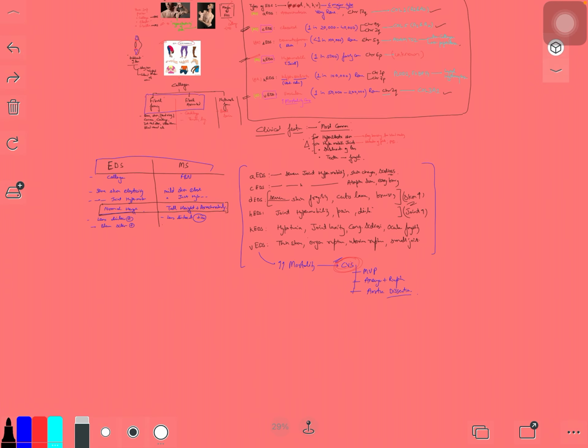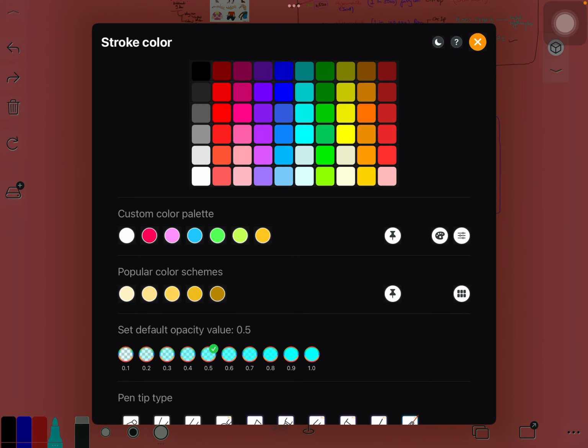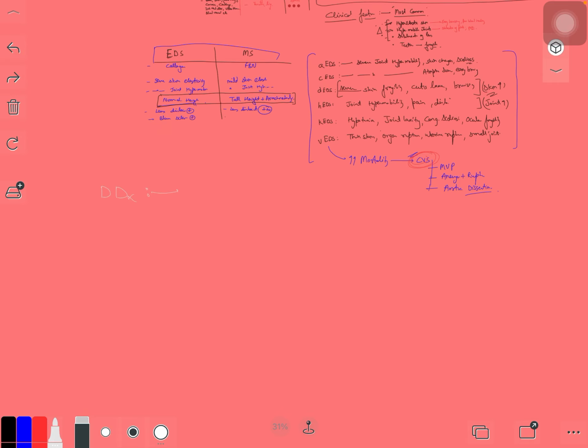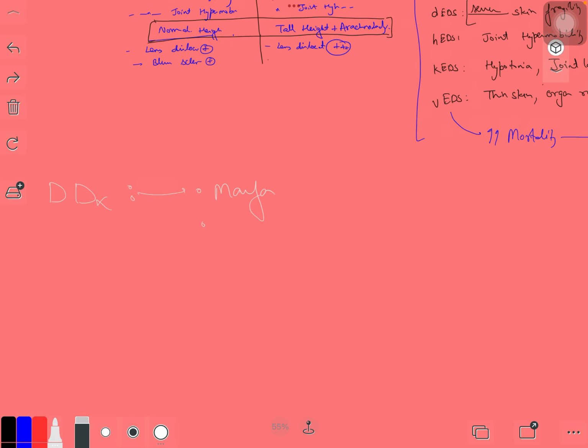Right, now let's do the differential diagnosis. Let's do DDX first. So the first one for EDS is Marfan syndrome itself, right?